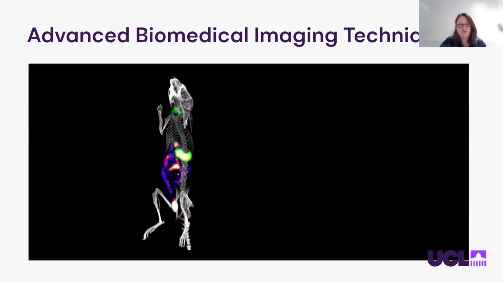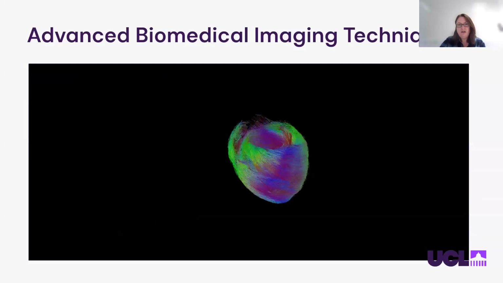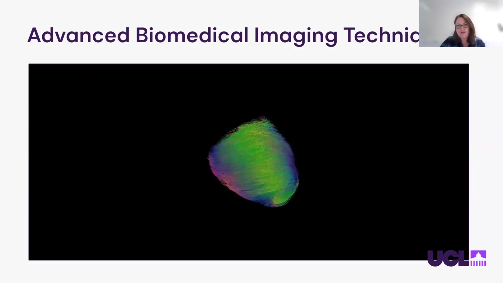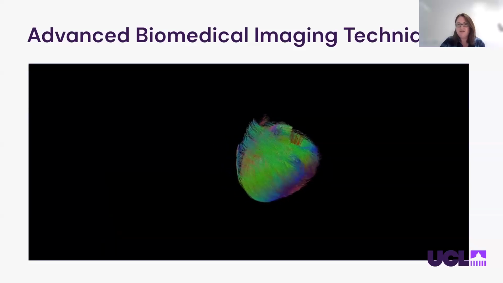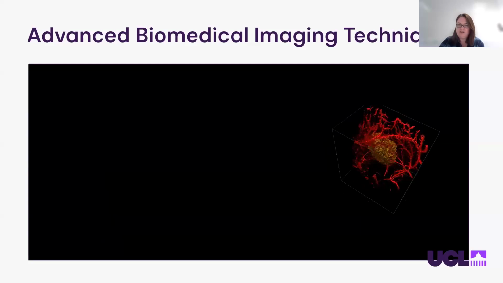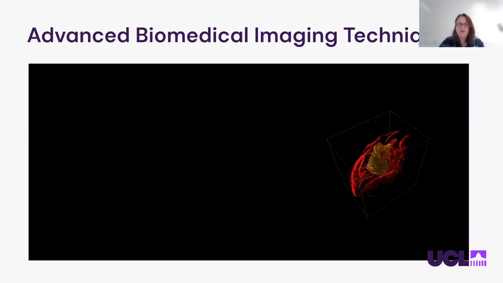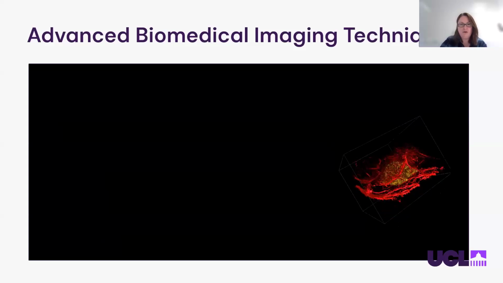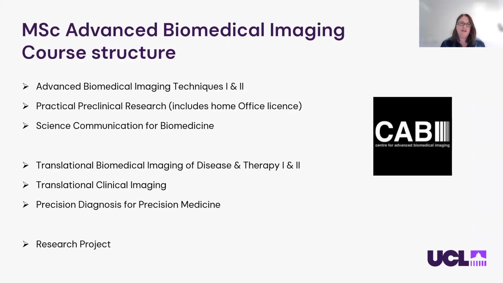We can develop novel radio traces that specifically target specific genes. We can utilize MRI to look at the structures of the three-dimensional walls within the heart. And we can also use it to look at injection of a number of cell bolus within the vessels of the skin. So these are the kind of images that we can now develop that are not what you would normally see in the clinic.